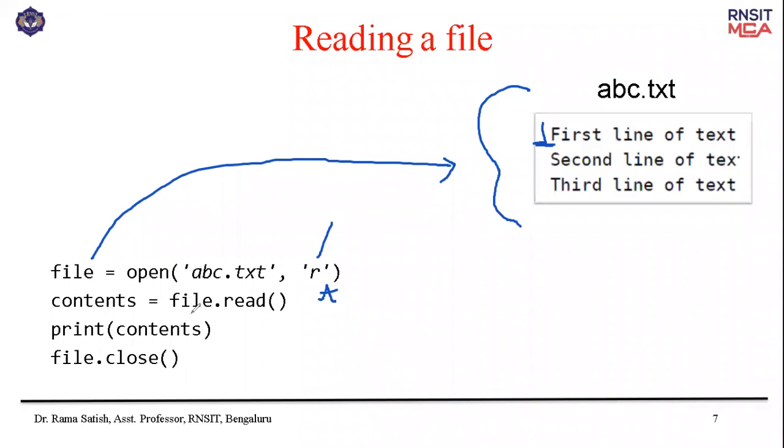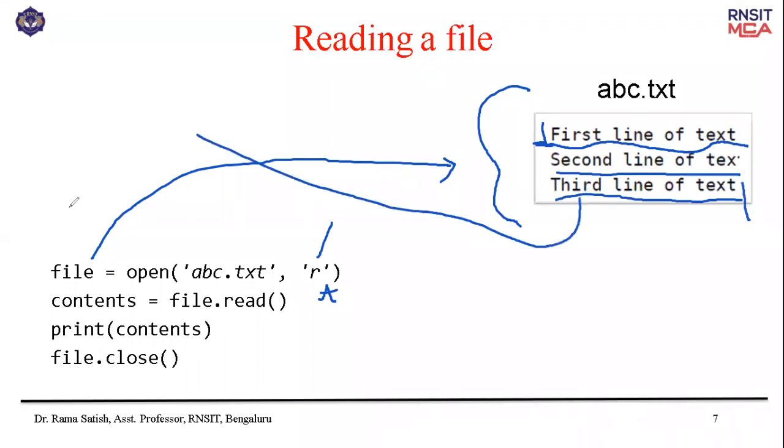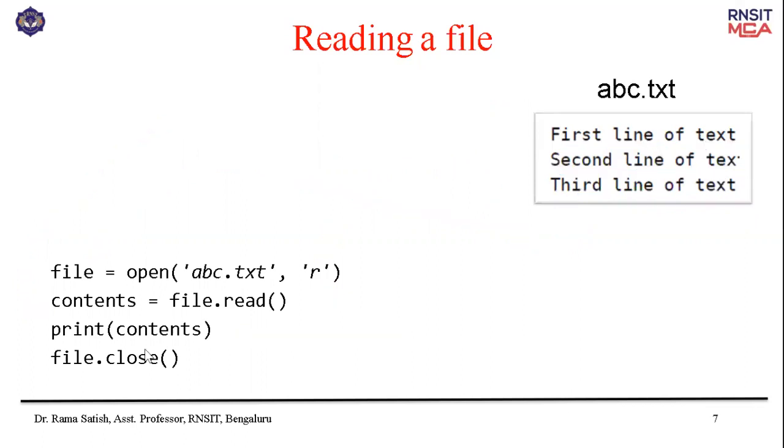When you say file.read, it reads all the contents until the end of the file. All these contents are stored into a string variable. That string variable you are trying to print. So this is the code, very simple, and file.close.